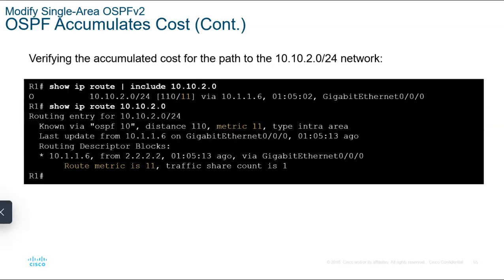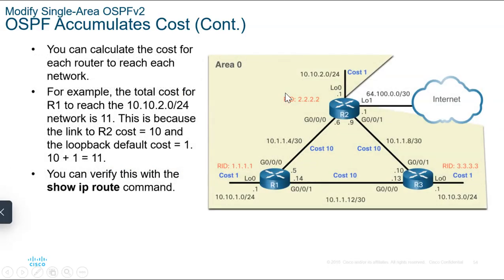But where is the metric coming from? Why is it 11? The 11 is just from here, because we have this and then this one here.